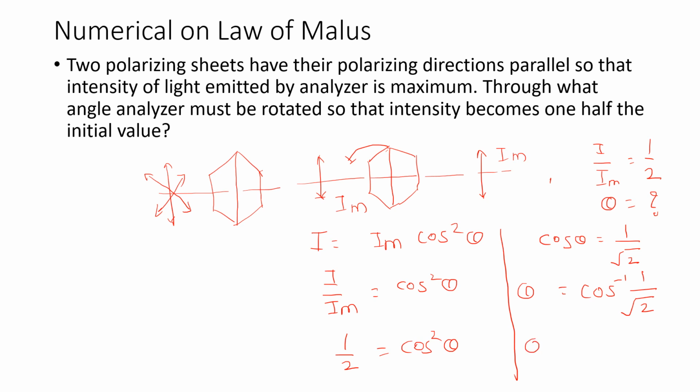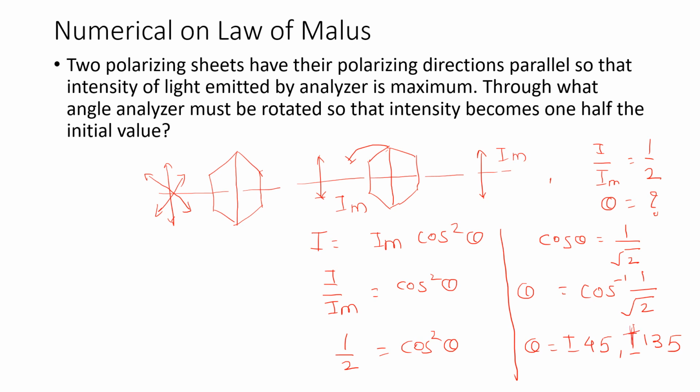One will be the acute angle 45 and the other will be 135. We can say that this can be plus minus. Plus minus means we can rotate it in the clockwise direction or in the anti-clockwise direction through an angle of 45 or 135.